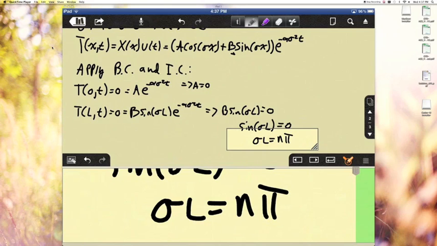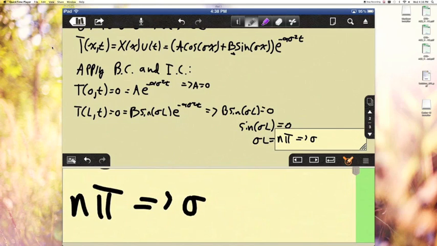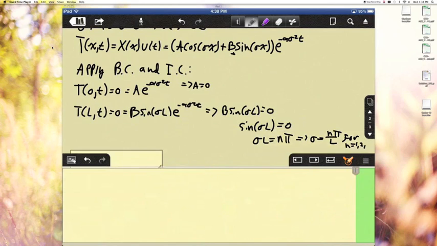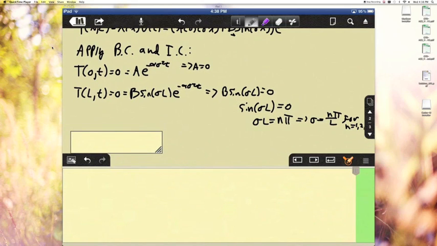If we have an integer being multiplied by pi, the sine of that is always going to be equal to 0. So this satisfies it. From here we know that sigma is equal to n pi over L for n is equal to 1, 2, all the way up to any integer n value.